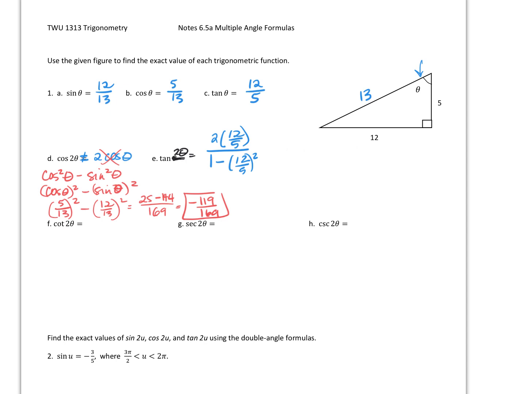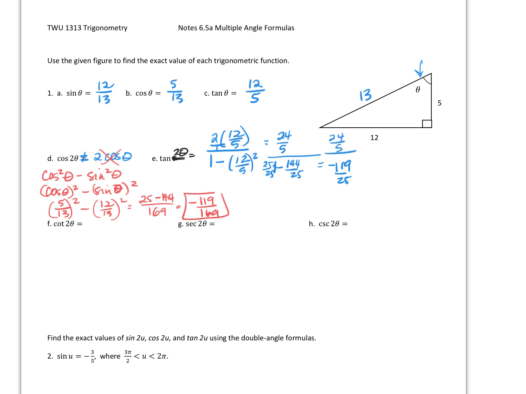All right, so when you do this, don't forget that when you're multiplying fractions, this is 2 over 1. So when I multiply across, I'll get 24 over 5. In the bottom, I'm going to have 1 minus 144 over 25. And then if I make a common denominator, that would be 25 over 25 minus 144, which gives us negative 119 over 25. So we got this hot mess going on, right?